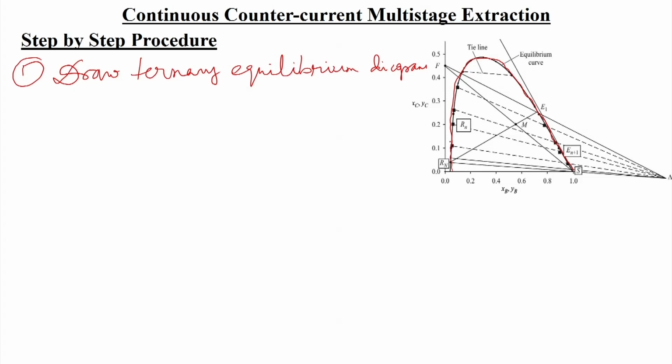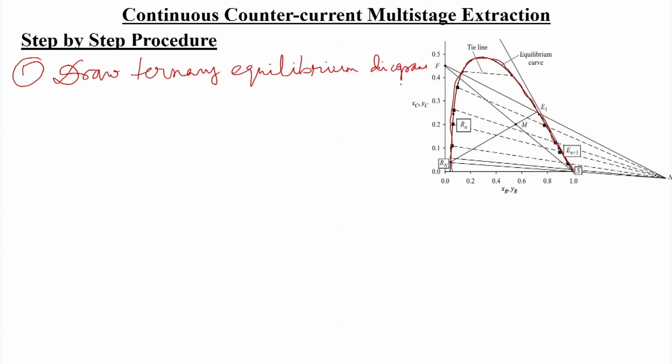But for most of the calculations we prefer the right angular triangular diagram for convenience. We will also discuss this while we solve the problem. This is a very convenient way of drawing the right angular triangular diagram.